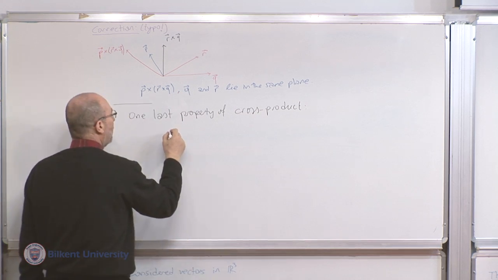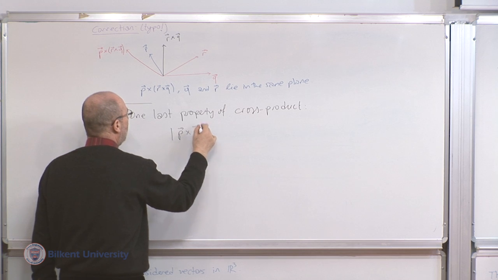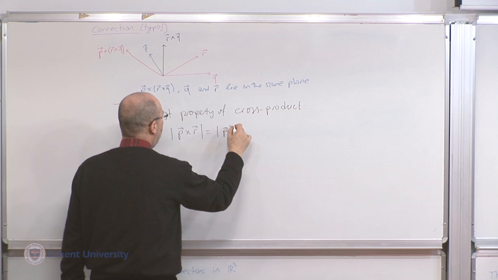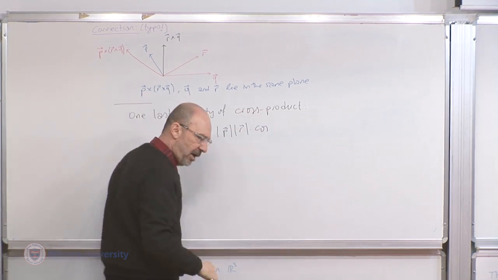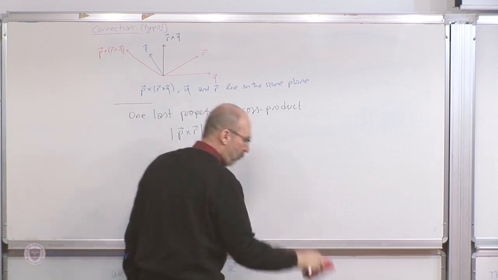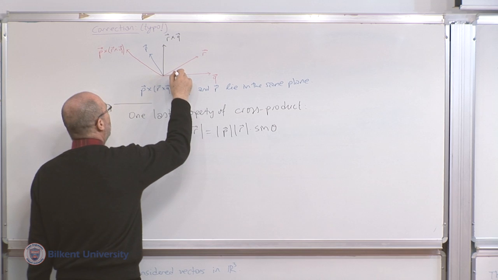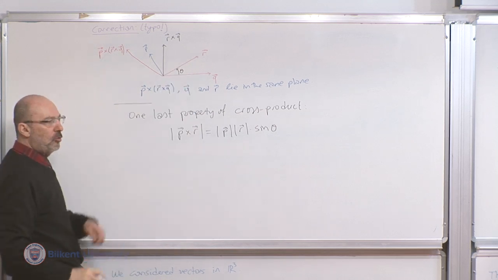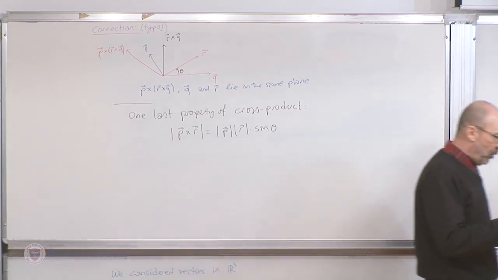We have P cross R, and this is given as P R times sine theta. So theta is this angle, which I'm now using here. Okay, so how do you prove such a thing?